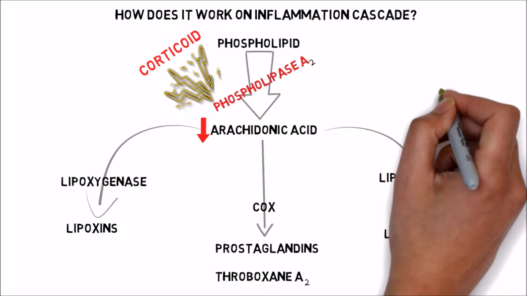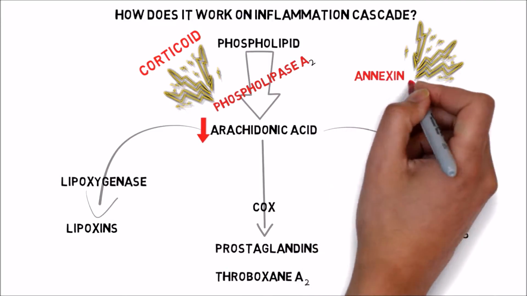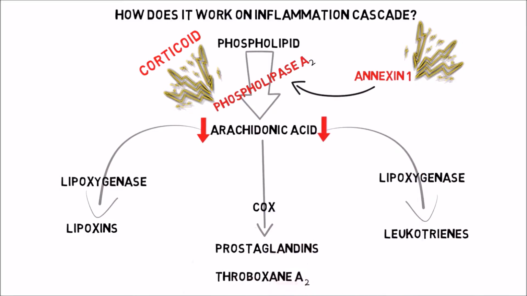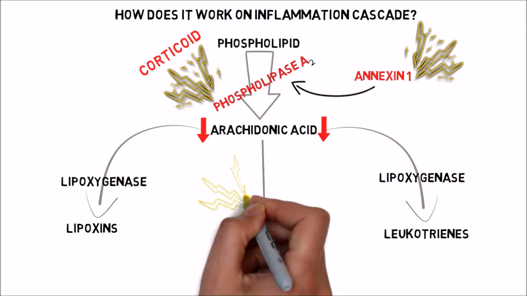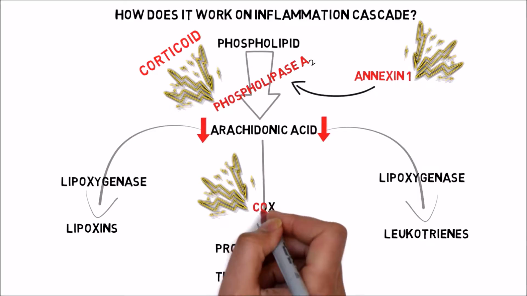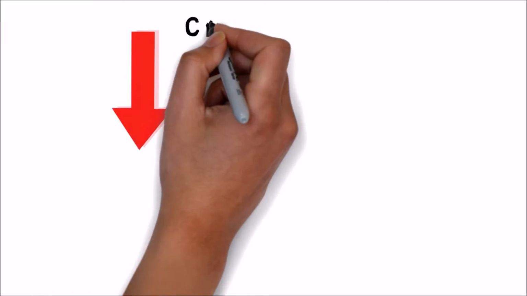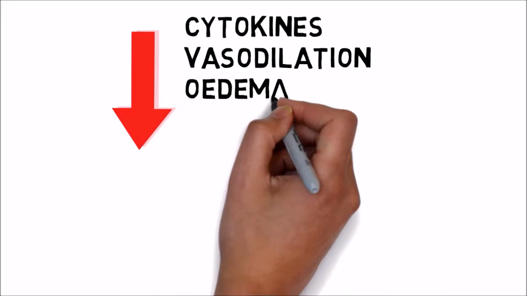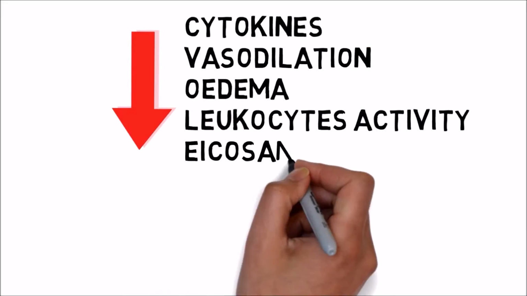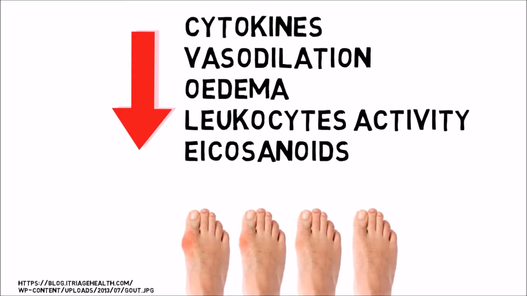Another action is to induce the production of annexin 1 that inhibits leukocyte traffic and inhibits the synthesis of the COX enzyme. All these actions combined aim to reduce the production of cytokines, vasodilation, edema, leukocyte activity, and eicosanoids, and the aim of this is to reduce the inflammation process.